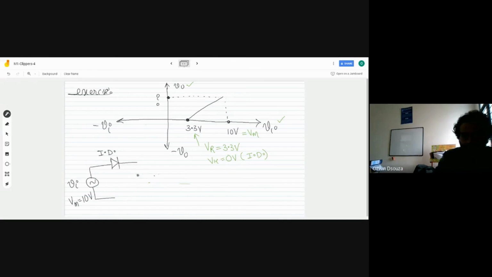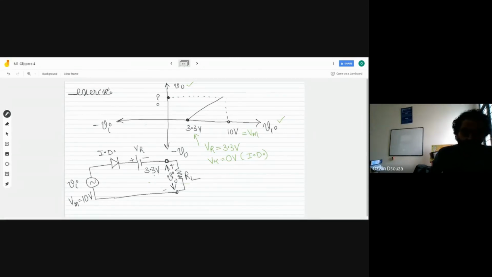Followed by the placement of the battery, which needs to be placed logically. This is your VR, and the potential of VR is 3.3 volts. Then comes the load resistor, and this is where you will observe your output, plus and minus.